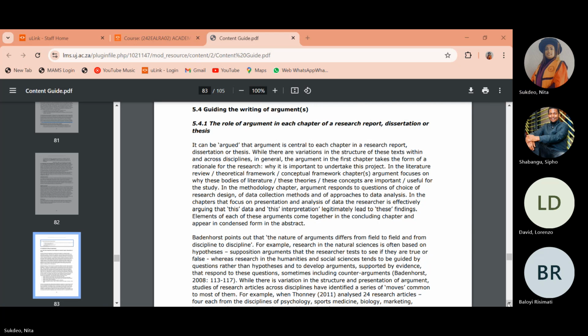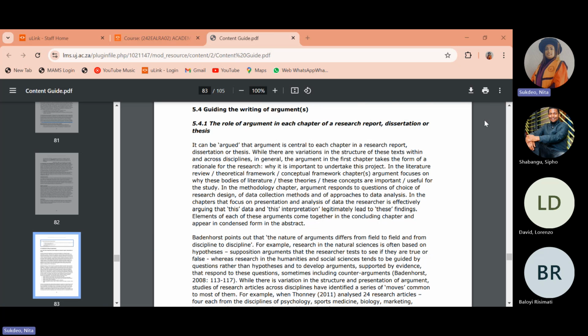So 5.4, guiding the writing of an argument. The role of the argument in each chapter of a research report, dissertation, or thesis. It can be argued that the argument is the central point of each chapter. Your argument actually starts at what we call your problem statement, right? And I always tell students, and I mentioned this before, students always start writing from an author's perspective first before they put in their own voice.